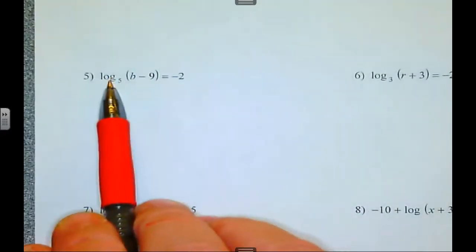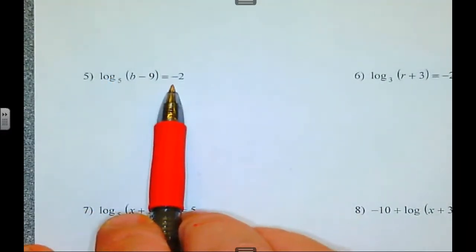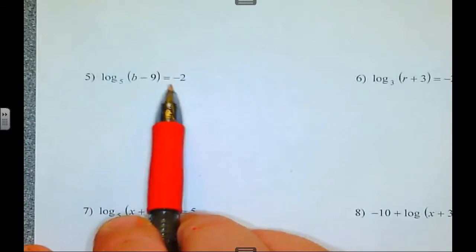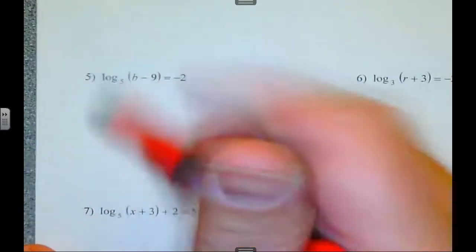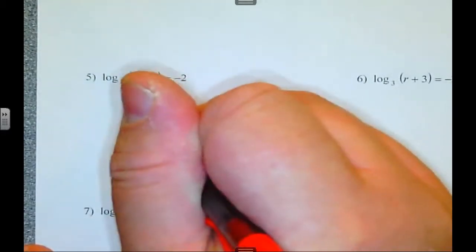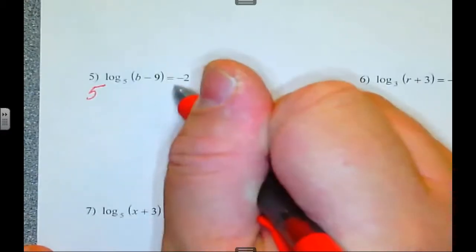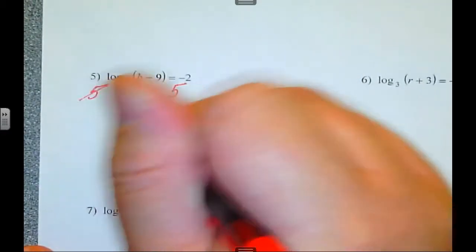How about number 5? I only have log on one side and the number on the other, so you're going to have to exponentiate. So I'm going to use this base, exponentiate to 5, so that these cancel.